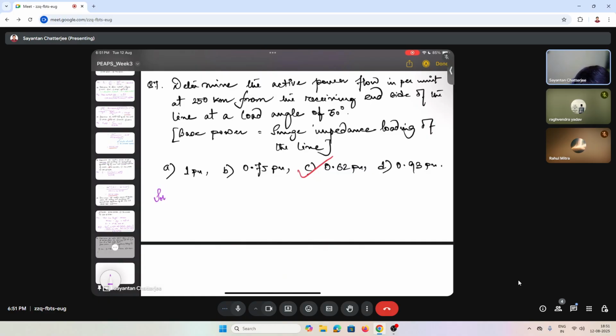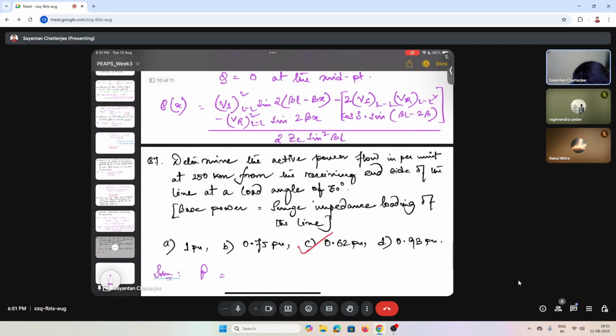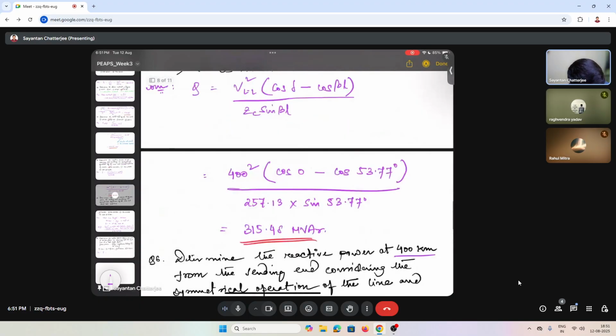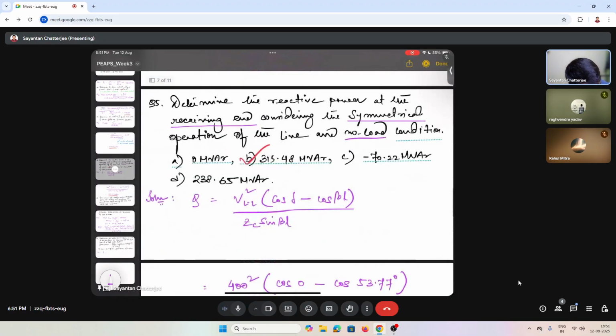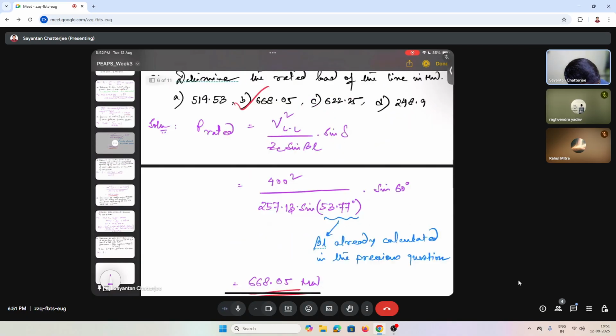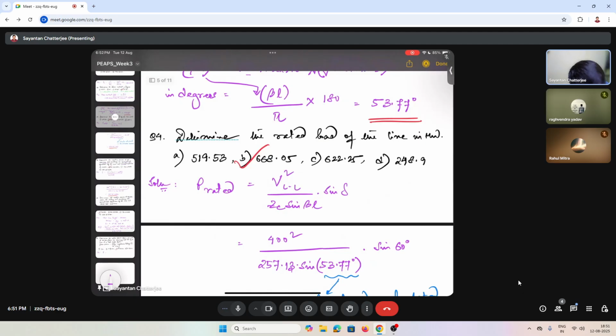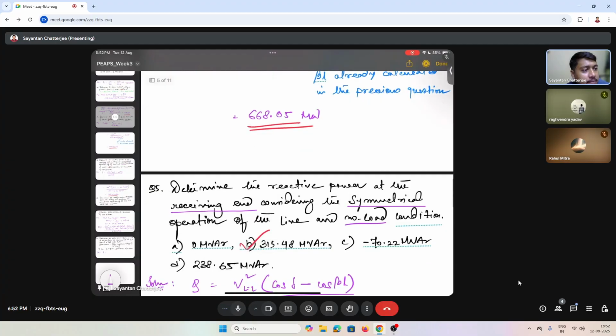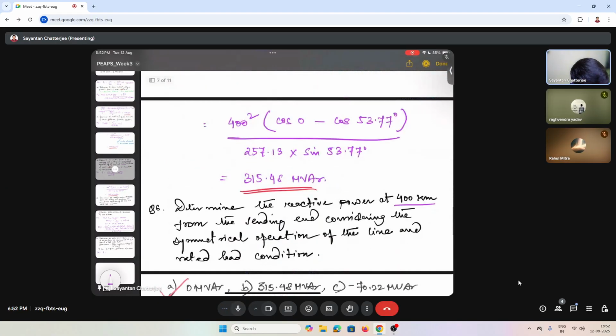So already, active power P can be calculated. We have seen here V, this one V line to line, Z by ZC sin beta L multiplied with sin delta.